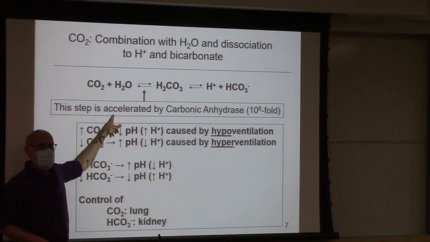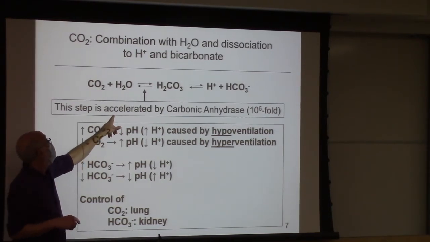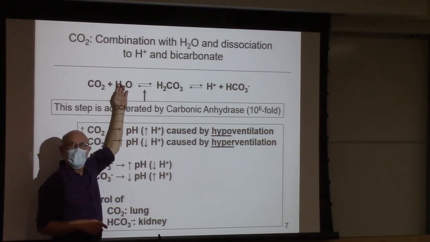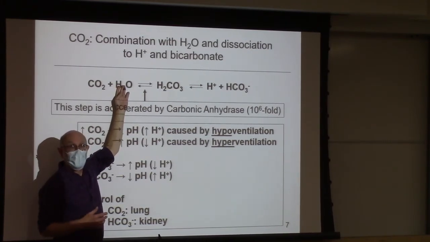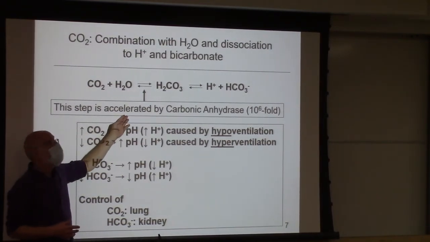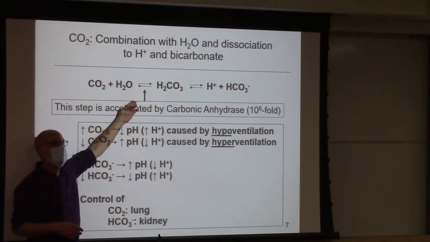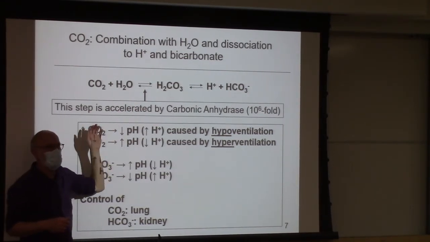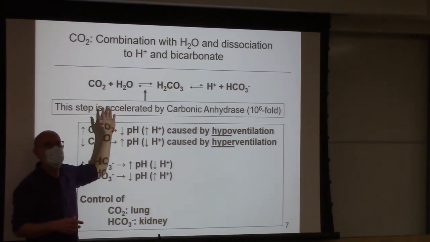It's in cells all over your body, and we'll need to know this later on when we talk about CO2 transport. This equilibrium happens even in the absence of carbonic anhydrase, just like all enzymatic reactions, but this enzyme accelerates this reaction. And you may remember from earlier courses that we drummed into you, this enzyme does not push the reaction one way or the other. This enzyme simply makes the reaction go faster.